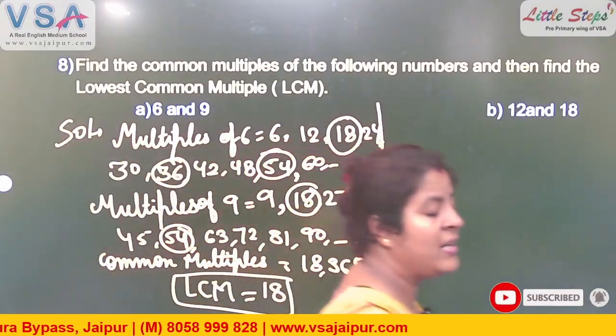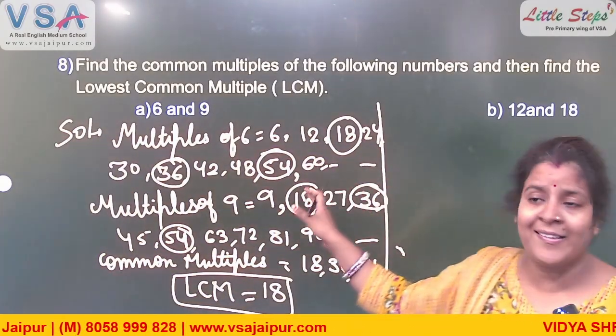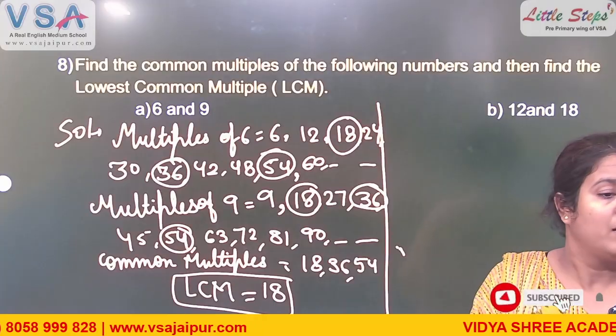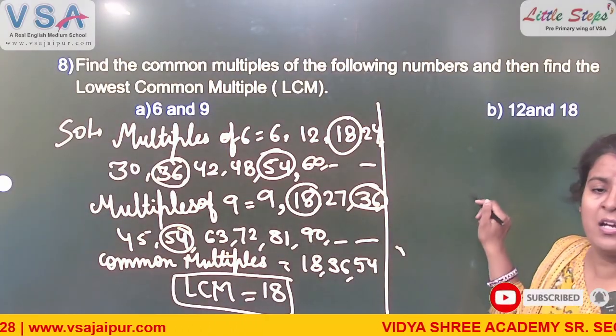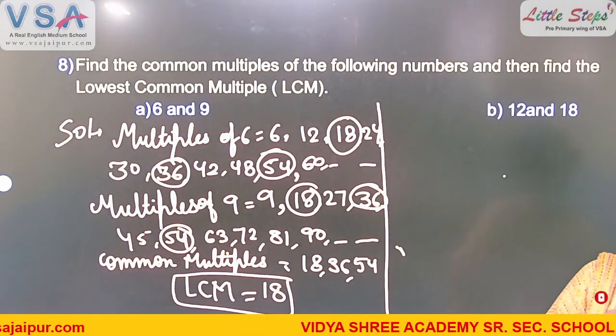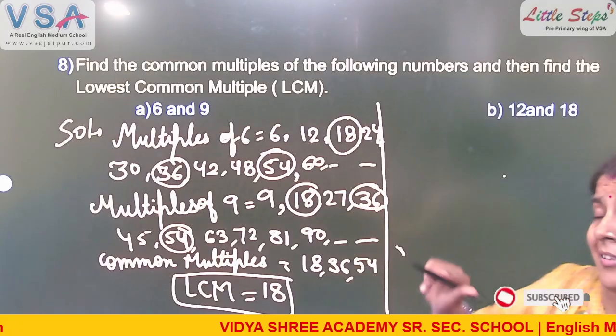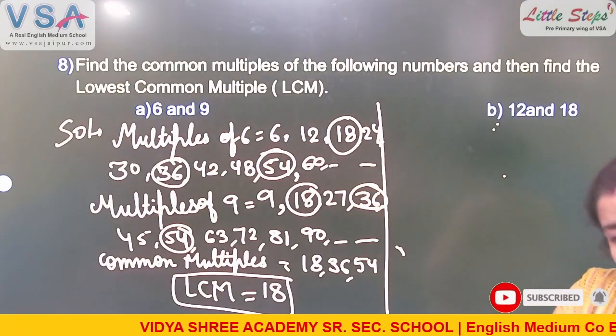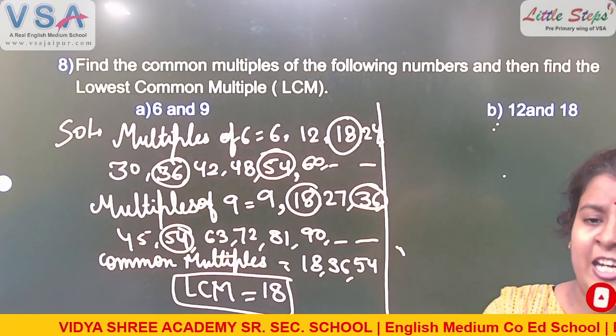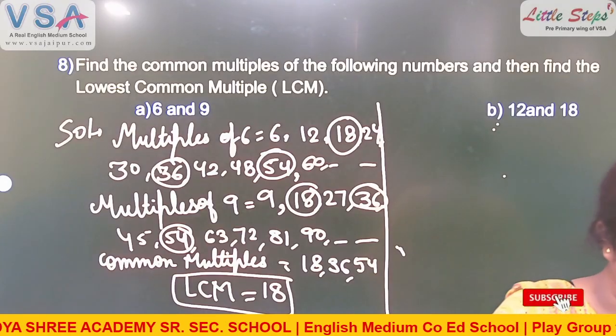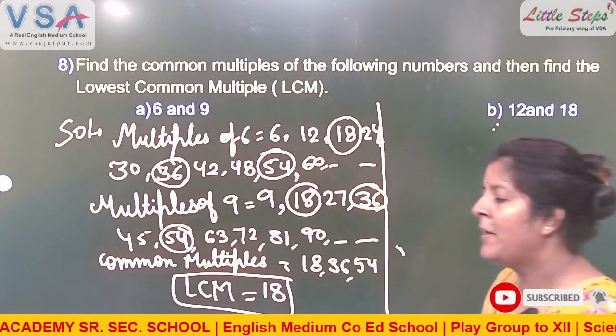Okay? And class, do you understand this question about LCM? Okay. So write the solution of this question and do it yourself. Do the solution of this question yourself right now and get the answer. Okay, class? And this worksheet is complete. Have a nice day.